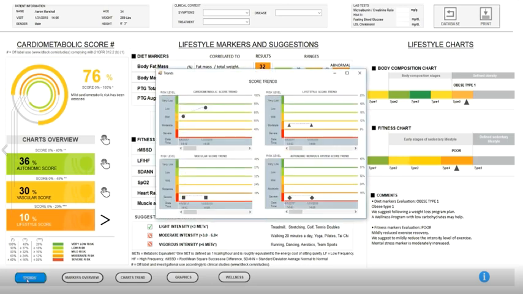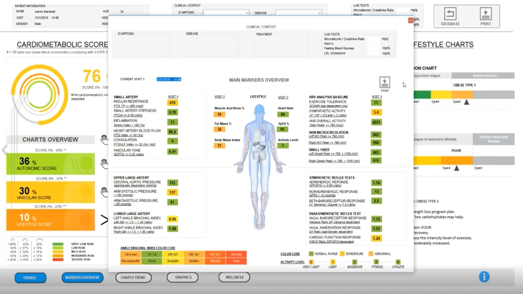We also have the trends. So the doctor that performs the test can see how well his treatment plan is working, his intervention's working. We have an overview, just a quick shot into what's occurring, and this is an overview report that can be used as a comparison.